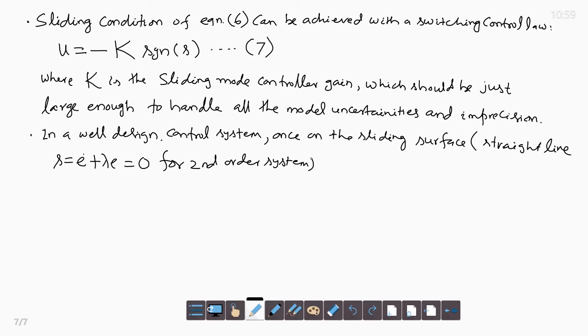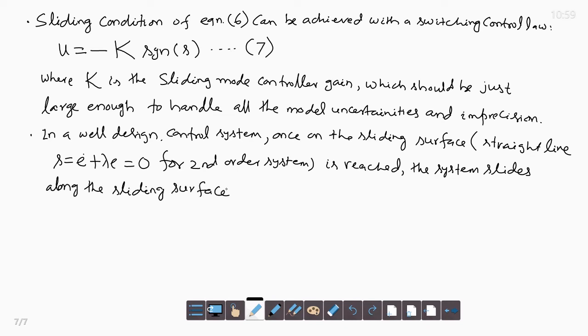Once the sliding surface is reached, the system slides along the sliding surface with chattering, which also reduces with time as shown.